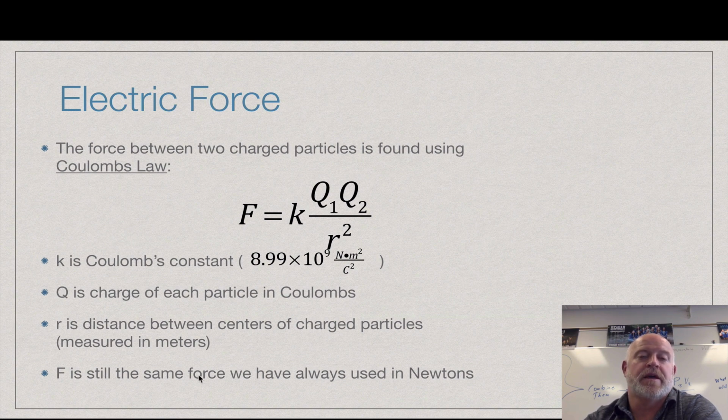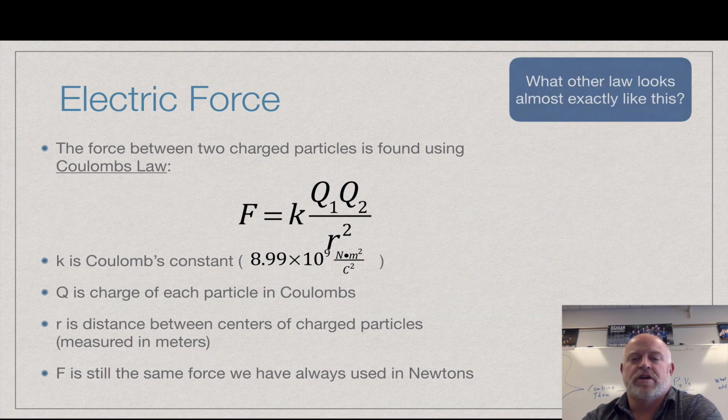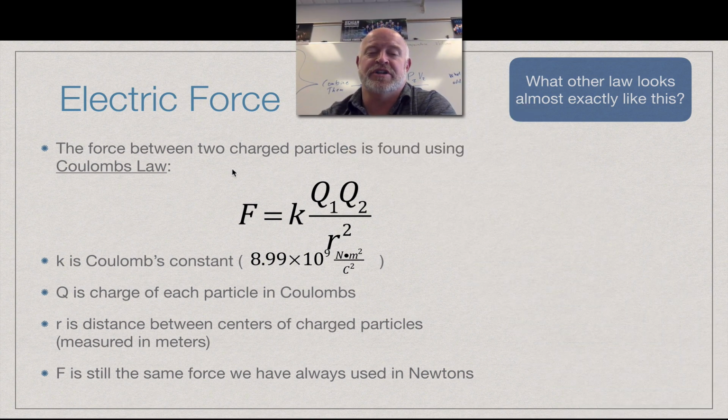All right. Now, looking at this, hopefully when you see this equation, it jogs your memory and you say, wait a minute, force is equal to K Q1 Q2 over R squared. That looks awfully familiar. It really should, because this is a replication of another equation that we use that deals with a universal force. This is the electric force.